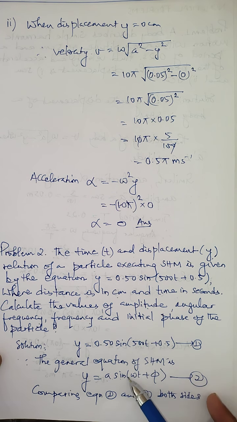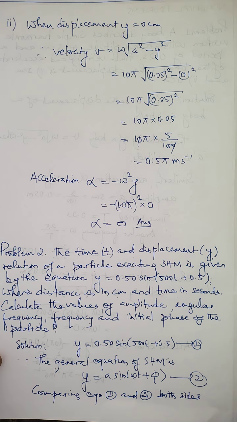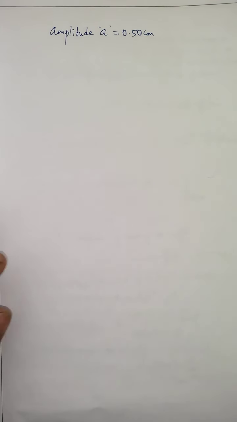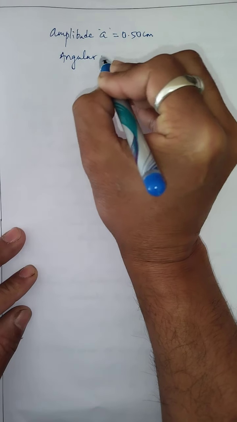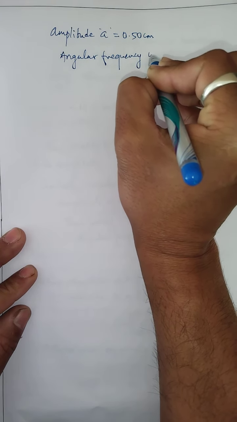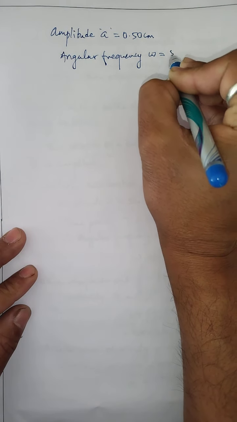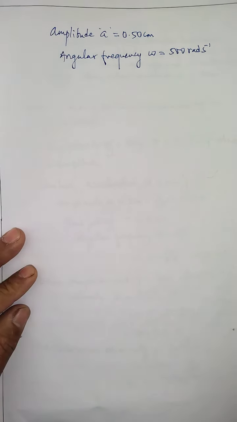So your omega, which is angular frequency, is equal to 500, and the unit is radian per second. Therefore the angular frequency, symbol omega, is 500 radian per second.